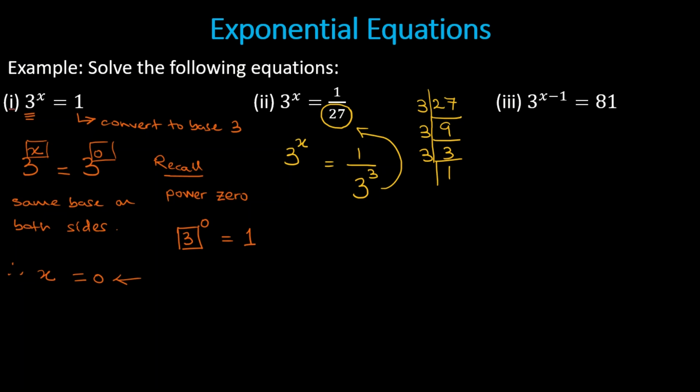right? So we continue. On the left hand side we have 3 to the power of x equal to, now the fraction on the right hand side, 1 over 3 to the power of 3. How can we convert it in terms of base 3? By simply taking the reciprocal. If we take the reciprocal of the fraction, we are going to get 3 to the power of negative 3 over 1. Yes or no?